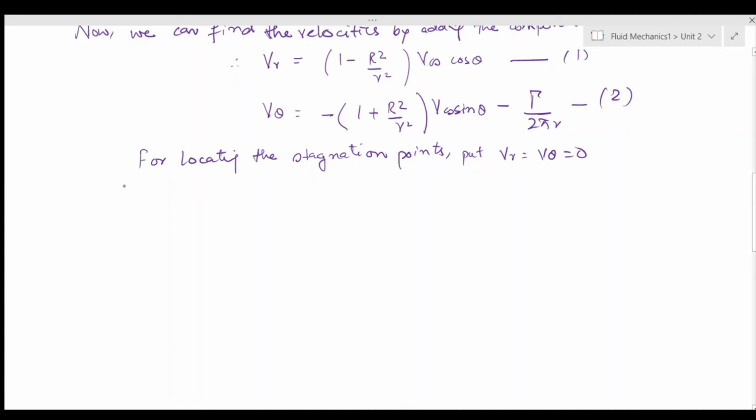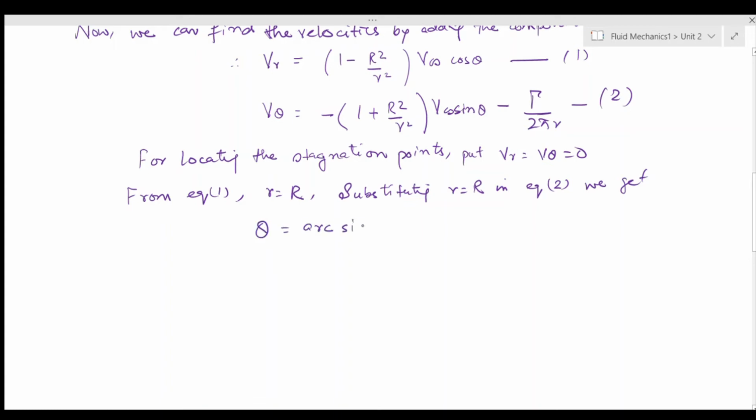If I do that, then from equation 1 I would get small r equals capital R, and then substituting small r equal to capital R in my equation 2, we would get theta equal to arc sine of an argument which would be minus circulation divided by 4 pi V infinity capital R.